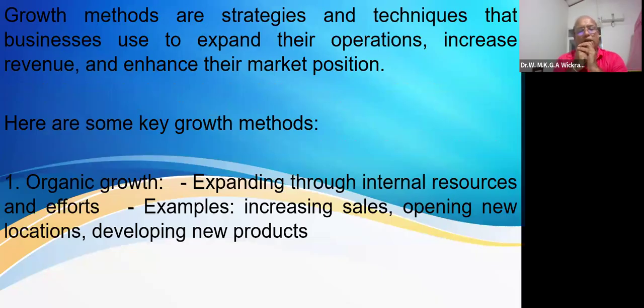One is organic growth. Key growth methods: organic growth means you are expanding using your revenue.